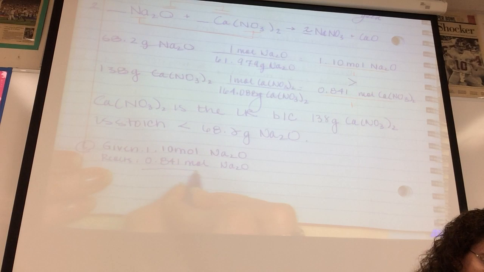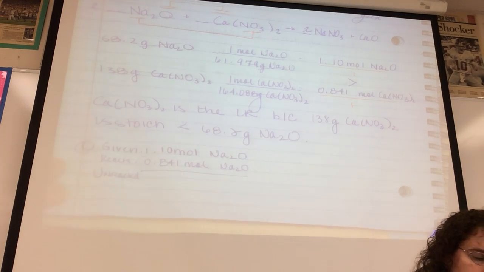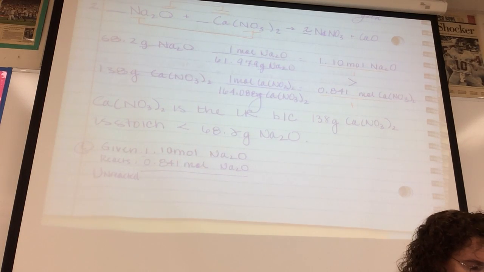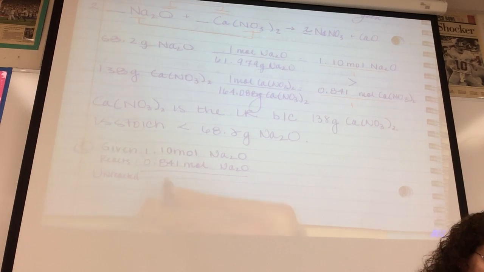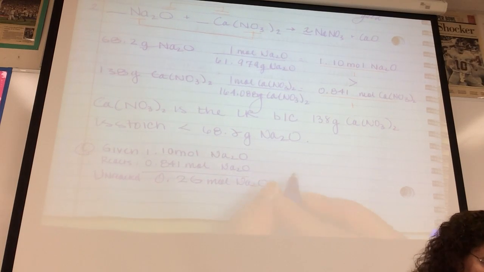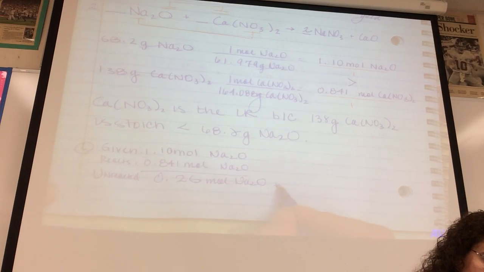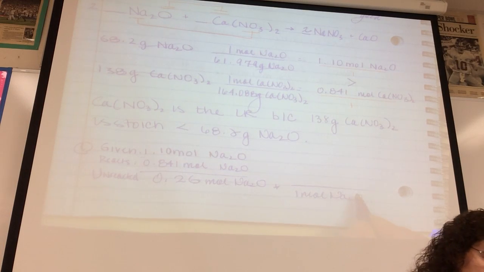So if you subtract the two, you'll get what didn't react. And then you just convert to mass. And this actually is very simplistic because you already have the formula mass from here.